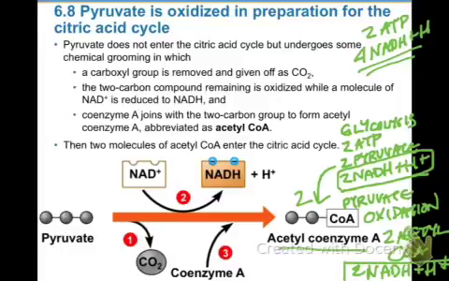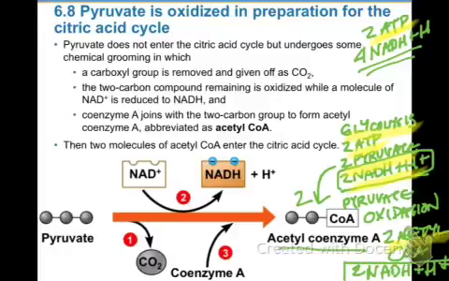Okay, so let's start to add up here. In glycolysis, we had a net of 2 ATP, we had 2 pyruvate, and we had 2 NADH plus H plus. Well, now we've swapped those out for 2 acetyl coenzyme A's here.